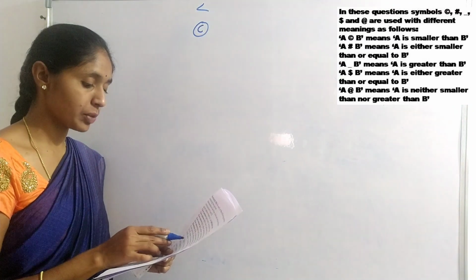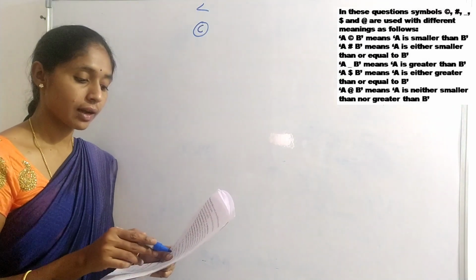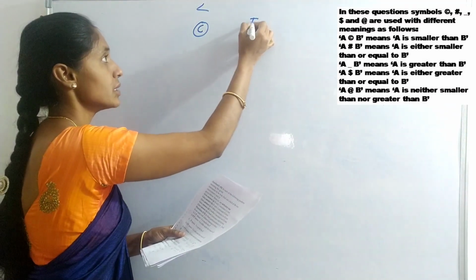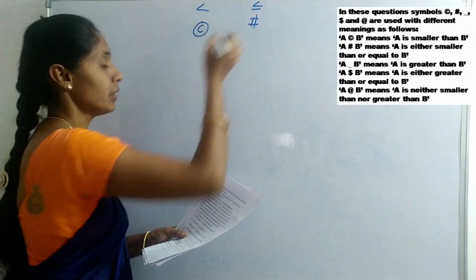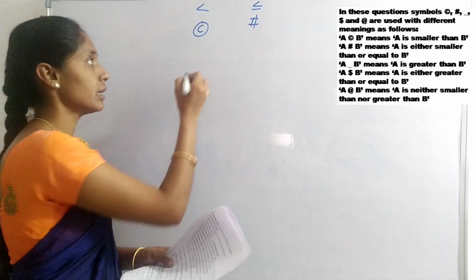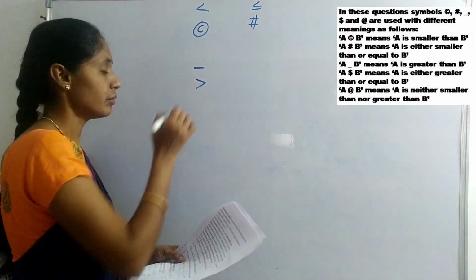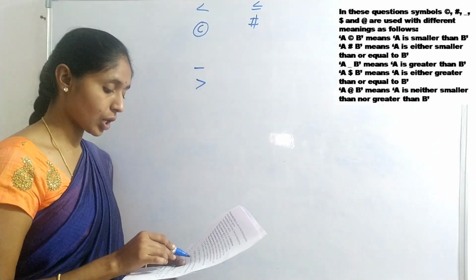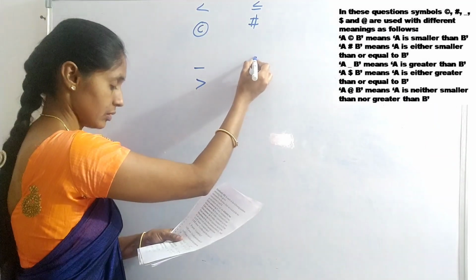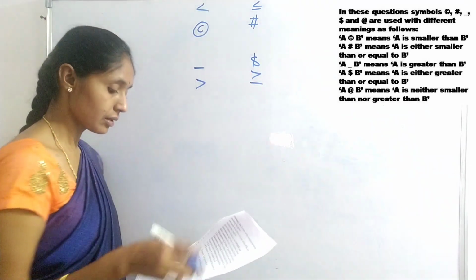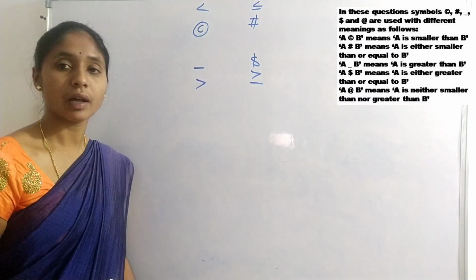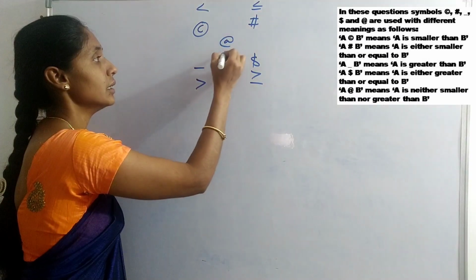A hash B means A is either smaller than or equals to B. A underscore B means A is greater than B. A dollar B means A is either greater than or equals to B. A at B means A is neither smaller than nor greater than B, that is equals to.